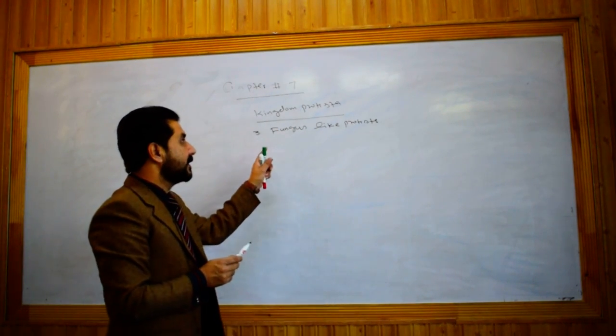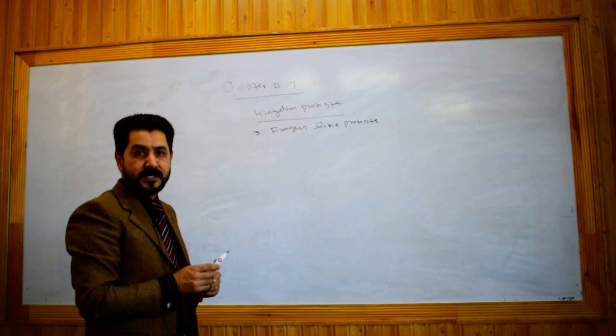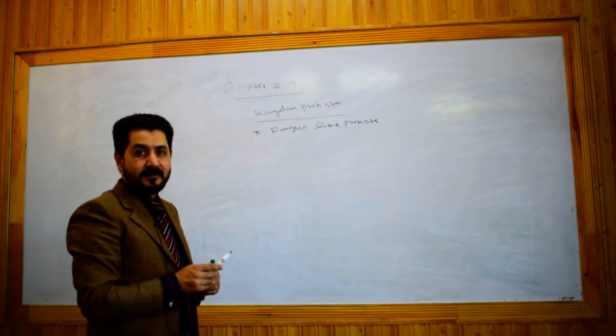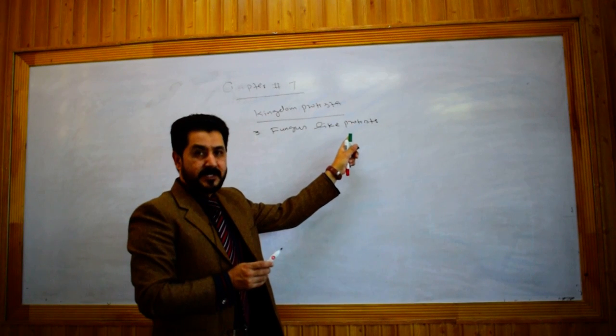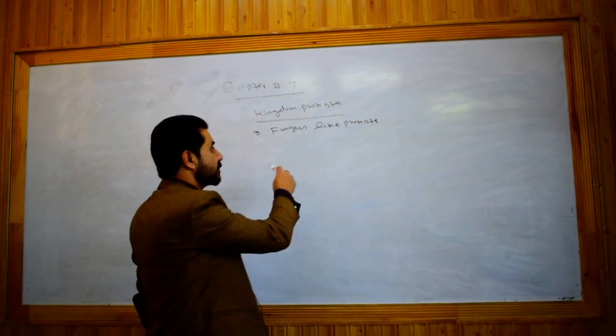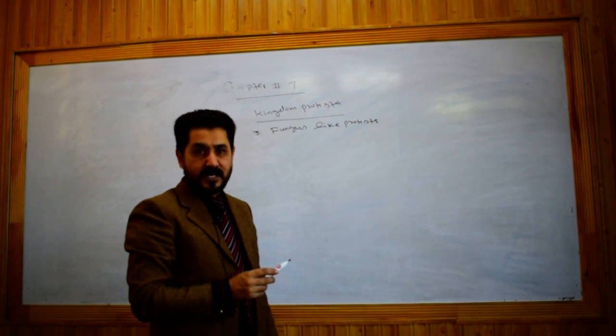As I told you, the members of Kingdom Protista are mostly excluded organisms. So one of the excluded organisms are fungus-like protists. It means that they are excluded from the Kingdom Fungi that includes true fungi.